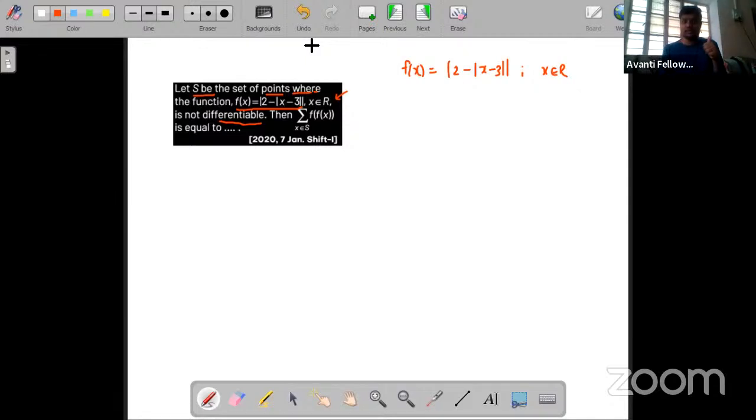If you know this part, please let me know. If the function is continuous, then we can talk about its differentiability; maybe it can be differentiable or not. But if it is not continuous at some point, then clearly at that point the function will not be differentiable.